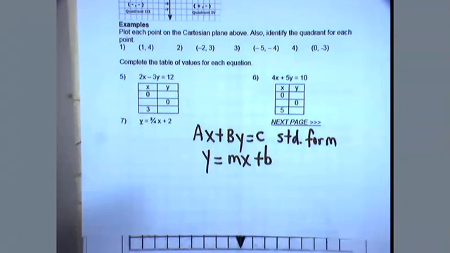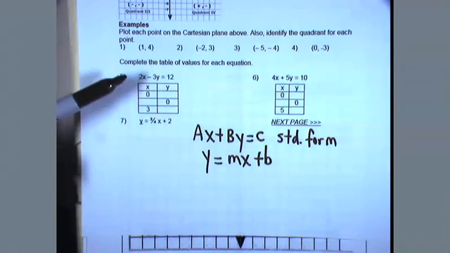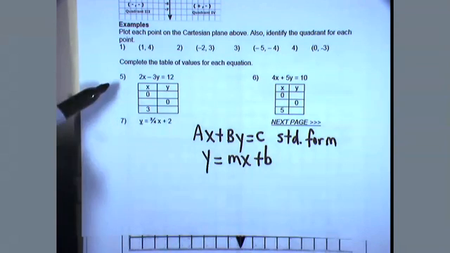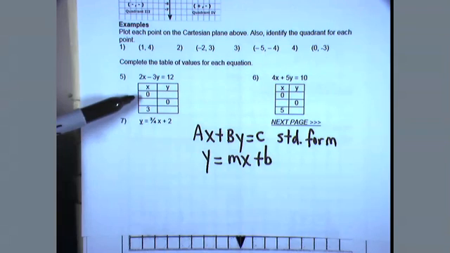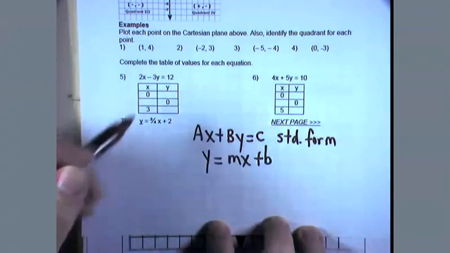Now, one thing you can do is if you're given an equation and you want to complete a table of values for that equation, as is the case here with number 5, you got a partially filled table and we got to find the missing values. So all you simply do is in the first line, we'll replace x with 0.